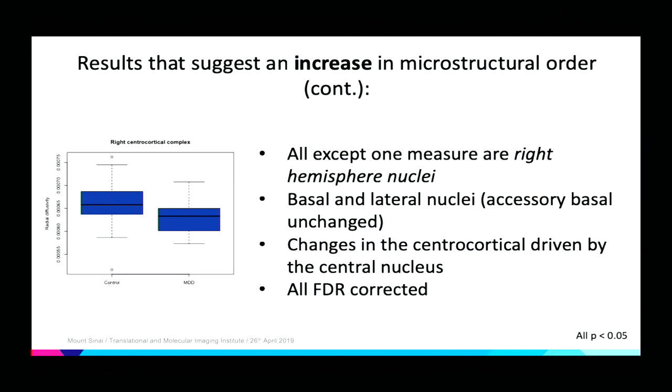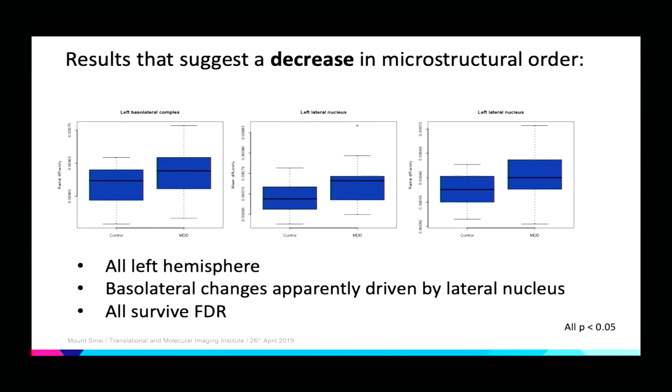There were changes in the centrocortical complex, and these were driven by the central nucleus, and all of these survived false discovery rate correction. So in the left hemisphere, we also saw that there was evidence for decreases in microstructural order, particularly at the basolateral complex, apparently driven by the lateral nucleus.